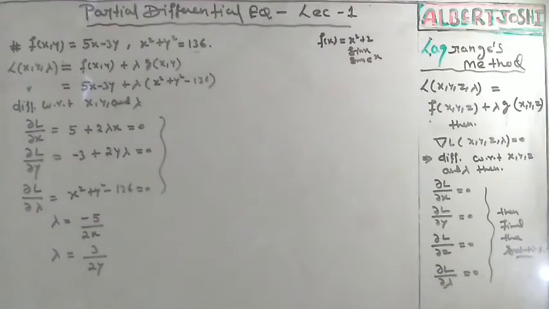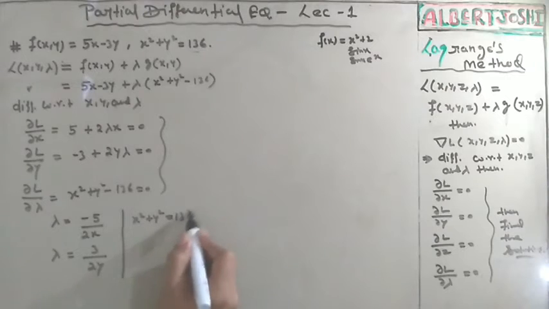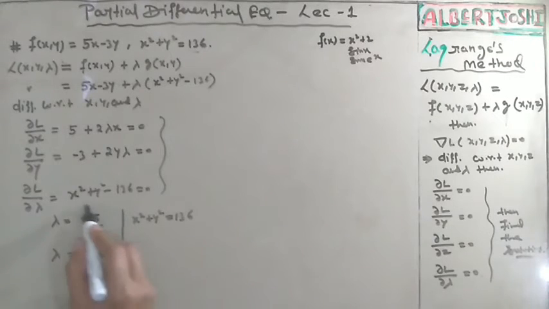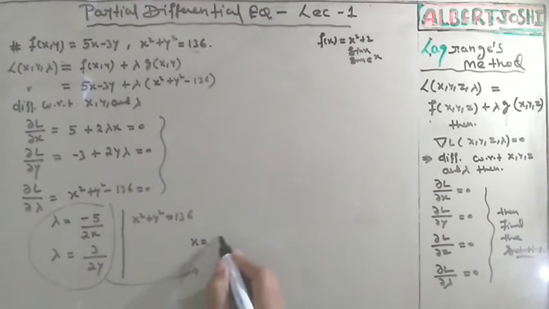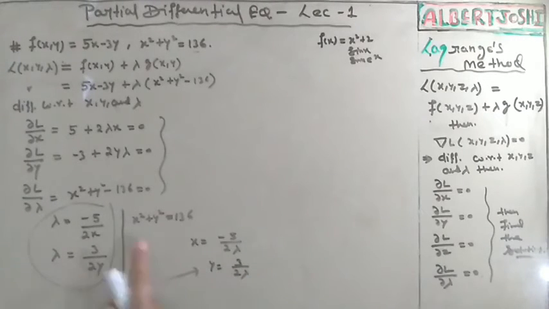So by the help of this you are getting x square plus y square is equal to 136. Also you can write this like this: x is equal to minus 5 upon 2 lambda and y is equal to 3 upon 2 lambda. Now the both values you have to put here.